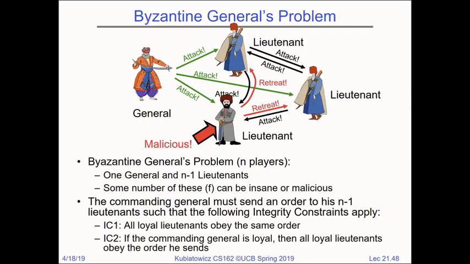When we're talking about malicious parties, the important thing to note is the malicious party can behave as maliciously as they want, which means that to the outside world, if an auditor is coming and checking whether you're being a loyal lieutenant, they will behave.